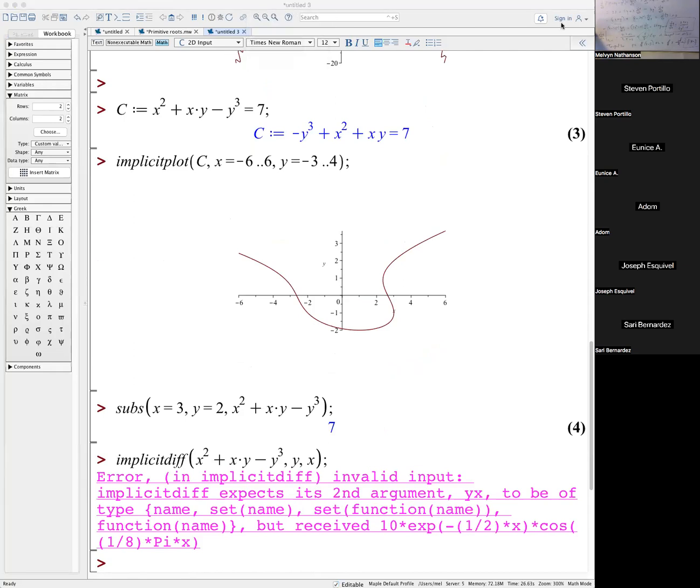Let's see how implicit diff works. If you're using Maple in Math 155, it's very good to be able to use the help function. So implicit diff y x.